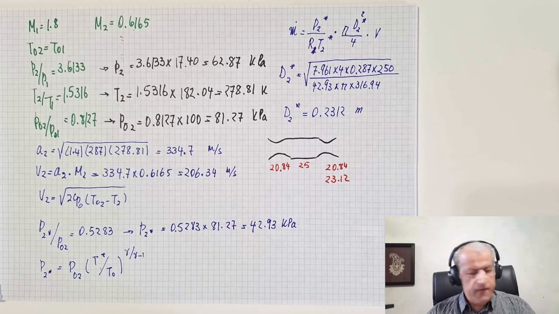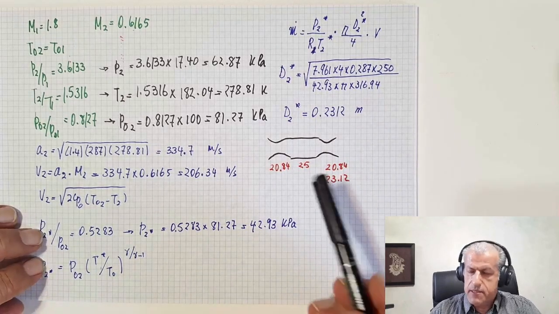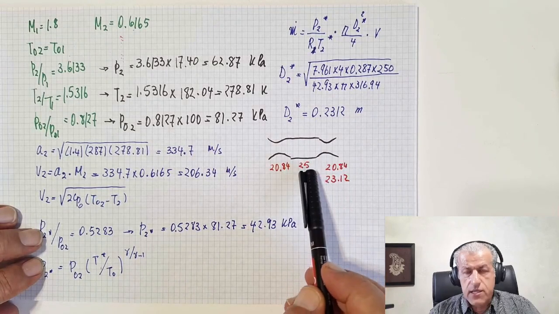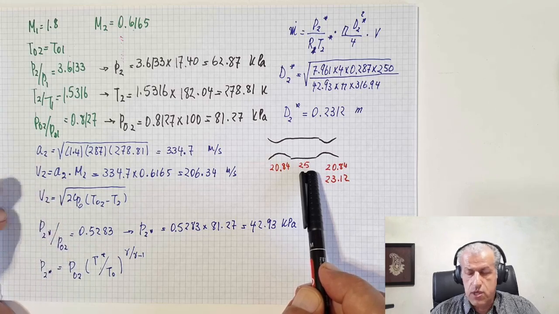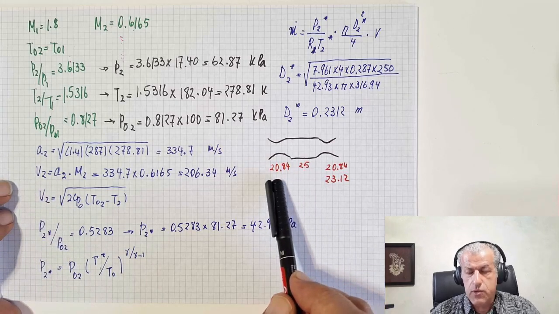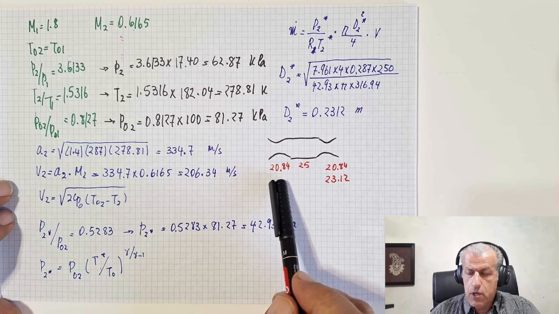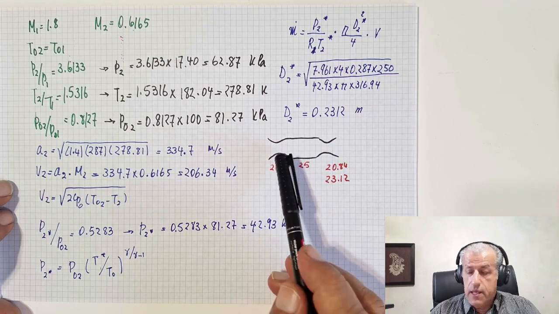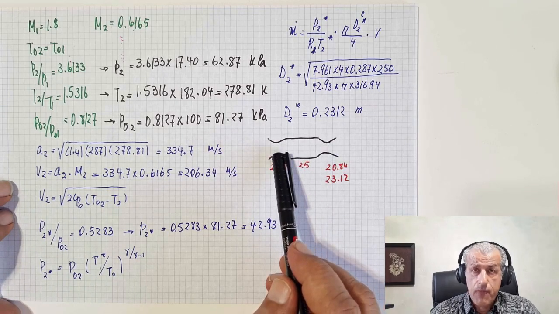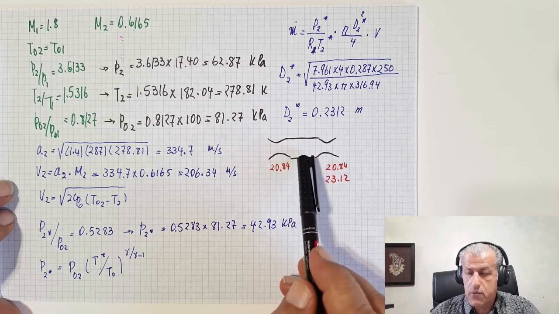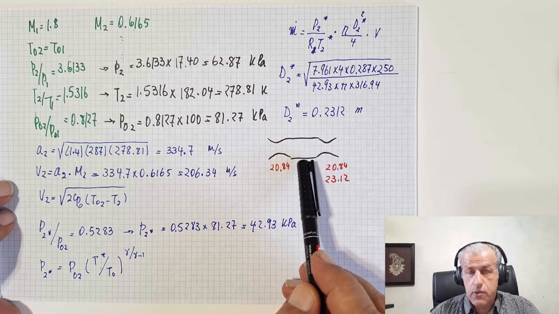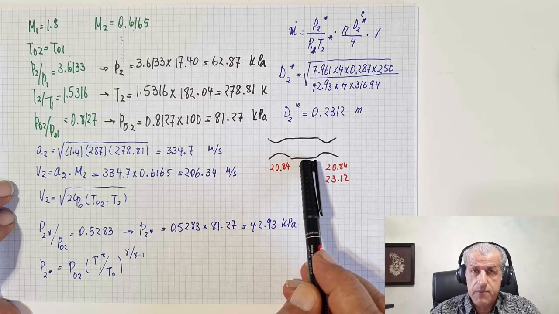Now, what I want to do is to compare these three diameters and make some conclusions. Let's compare what we have gained for these diameters. The test section diameter was 25 centimeters. That's fixed, no change. Now, we need a throat diameter of 20.84 for the first throat, so that here there would be a Mach 1 velocity, and this Mach 1 velocity would produce a Mach 1.8 at 25 centimeter diameter.